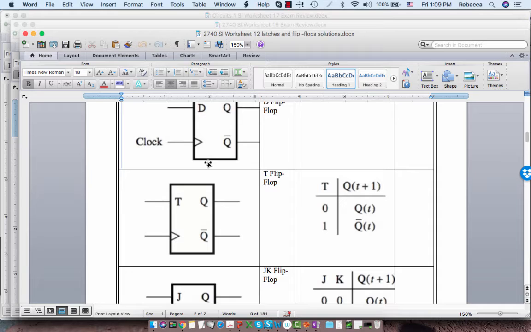If T is 0, there's no change. So when T is 0, Q(t+1) is exactly what Q(t) was, no change. Only when T is 1 does it become the opposite of what it was before.